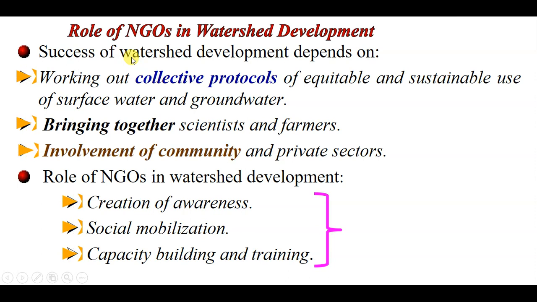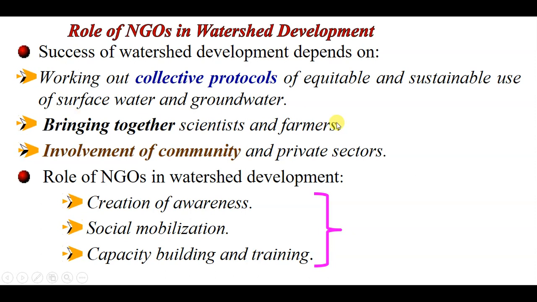Another one is the role of NGOs in watershed development. What is the role of NGOs in watershed development? Successful watershed development depends on working out collective approaches, protocols of equitable and sustainable use of surface water and groundwater. This is the conjunctive use of surface water and groundwater, bringing together scientists and farmers.